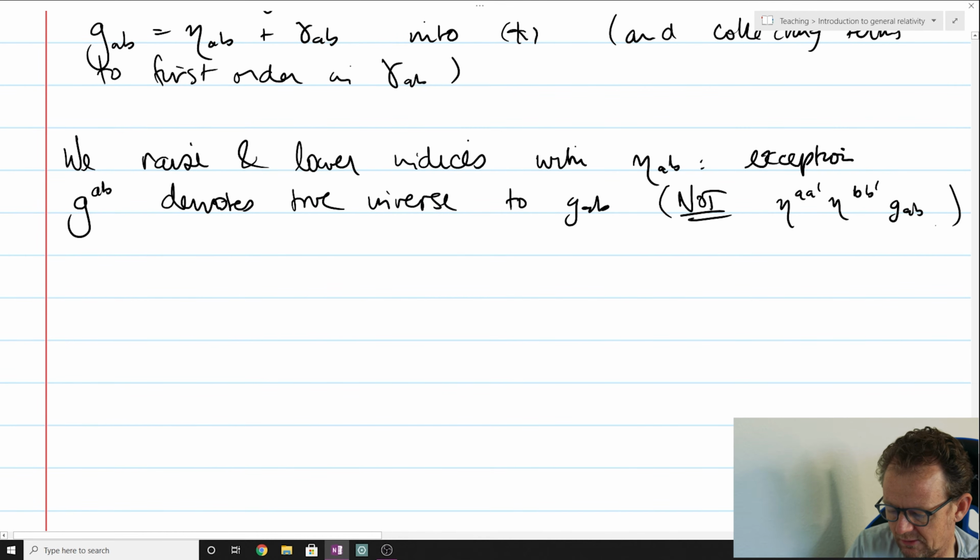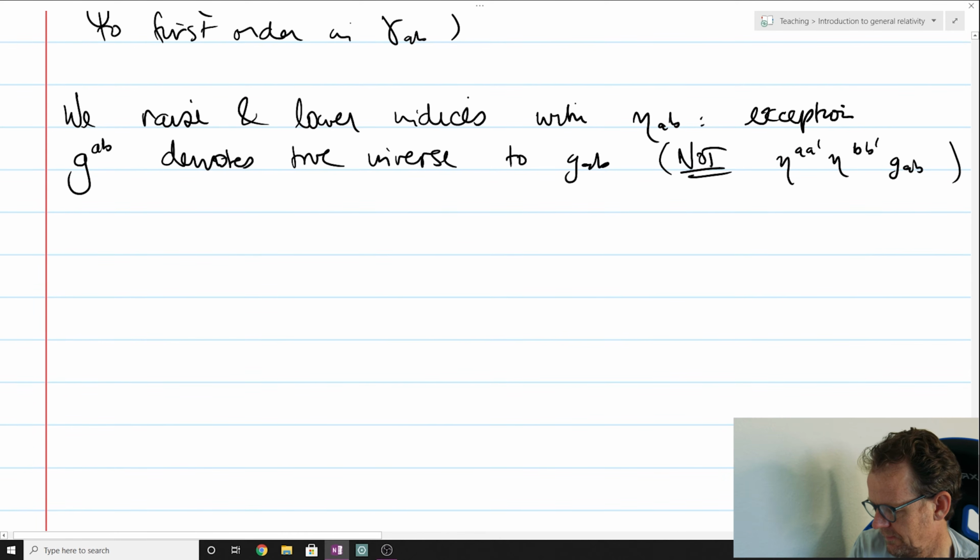It could mean having raised it with respect to eta. No, we don't mean that. Whenever you see G^AB with the indices raised, it means the actual inverse to G_AB, and you can calculate as an exercise. In fact, it's not even an exercise, I'll just do it.